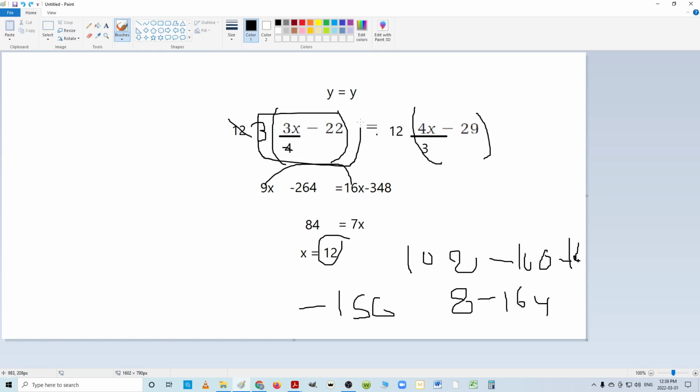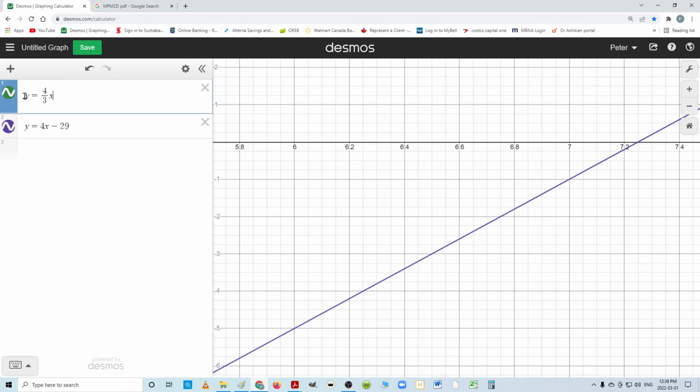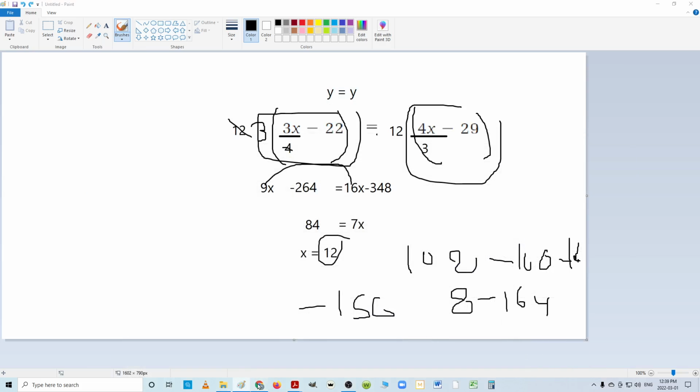Let's put in these original equations into Desmos and see if that's where they meet. I might have gotten my y wrong, by the way. So let's see. So one was 4 over 3x minus 29.